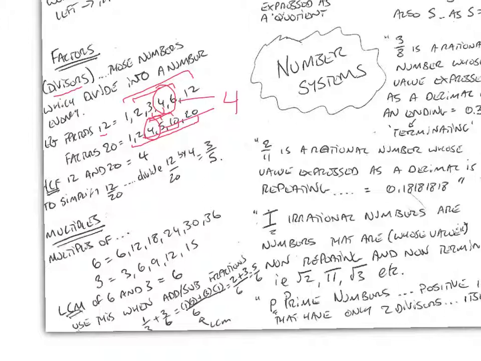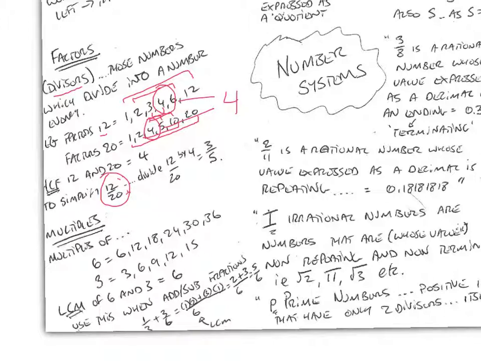And where and why might we use that in maths? Well, we might have a problem where we need to simplify the fraction 12 divided by 20, and the best way to rewrite that in its simplest form is to divide above and below by the highest common factor of 12 and 20.